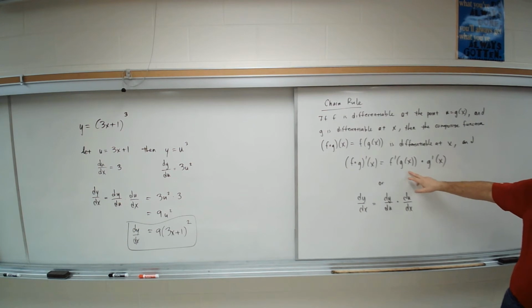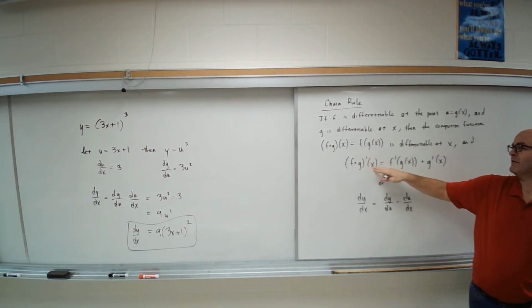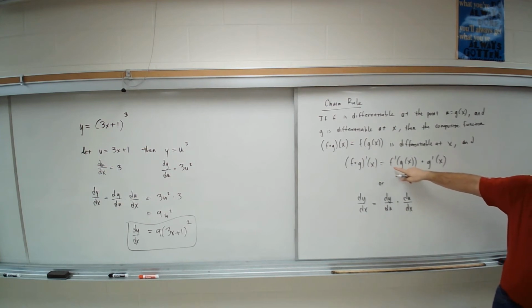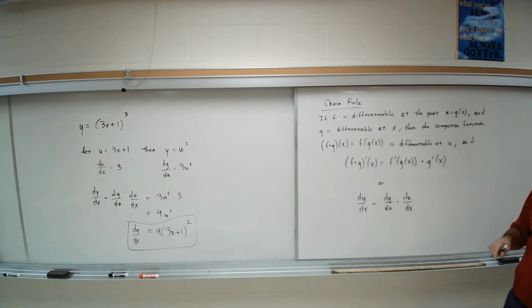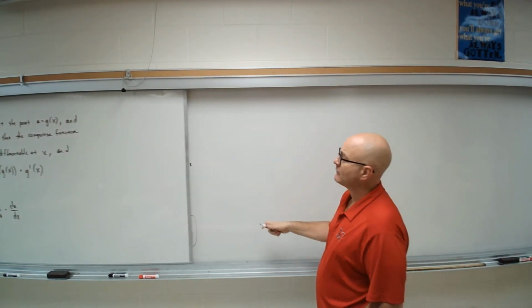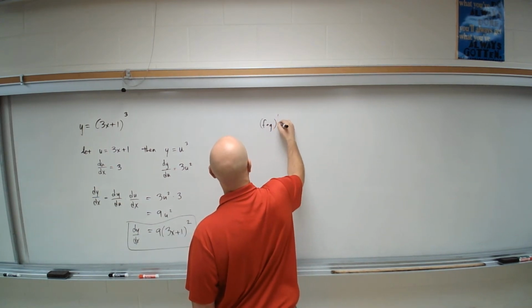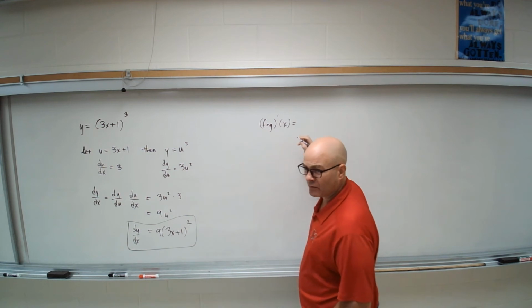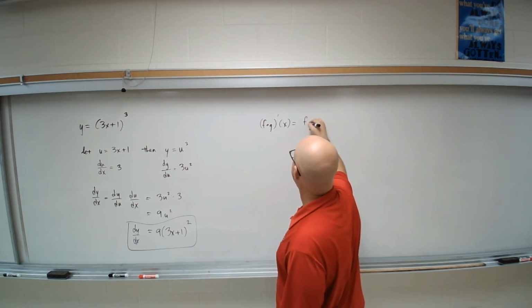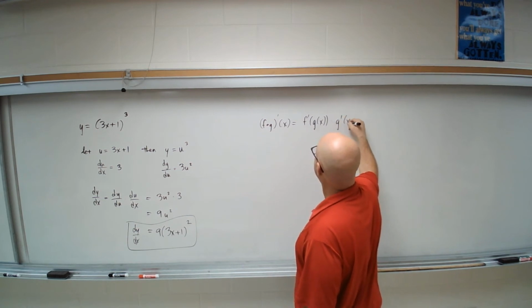Okay, the other way would be to use this f of g of x, or f of g prime of x. But it says just take the derivative of the outer function, leave the inner the same, times the derivative of the inner. So if we did it that way, it would be, in this one, this is a kind of a weird looking rule actually, f prime of g of x times g prime of x.